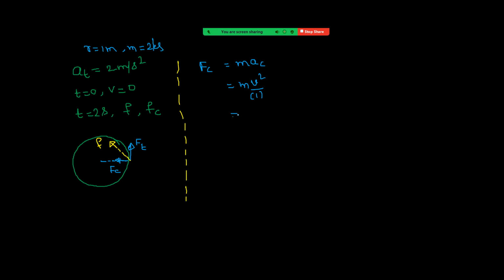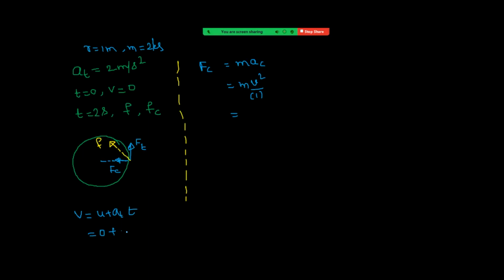Then see carefully, centripetal force, mass 2 kg. Before that, we have to find what is V when t equal to 2 seconds. So since AT is a constant, we can write V equal to U plus AT into T. U is 0.